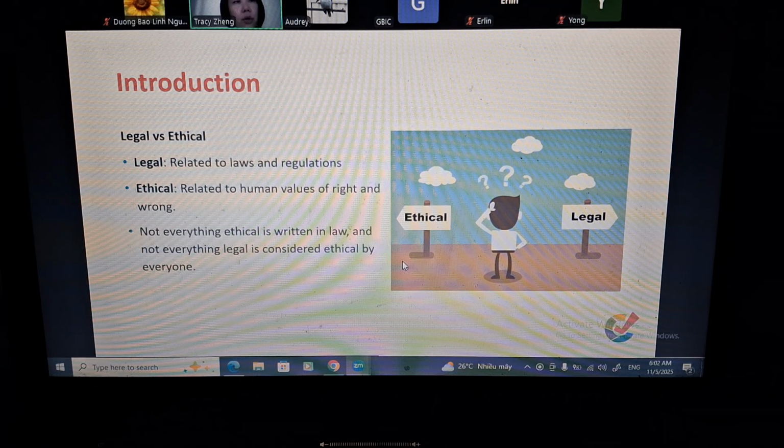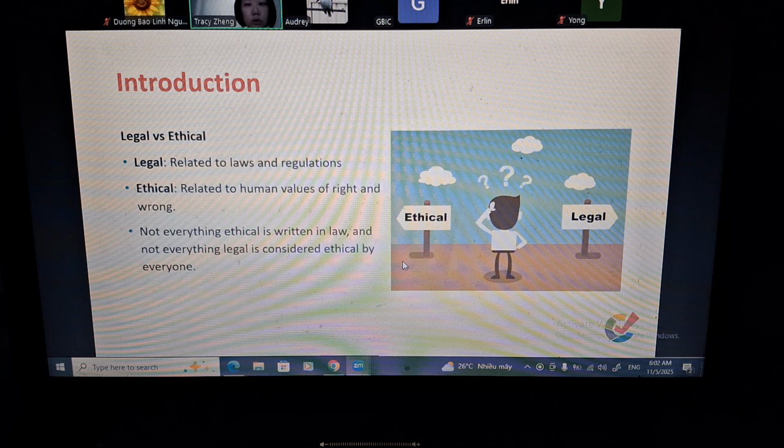So let me show you a bit of the introduction of this unit. As we say, it is legal and ethical consideration. So we definitely are going to focus on these 2 parts. The whole chapter 1 is going to focus on the legal parts. As you know, legal is related to the law and also the regulations from the local council, the state governments and the federal governments.